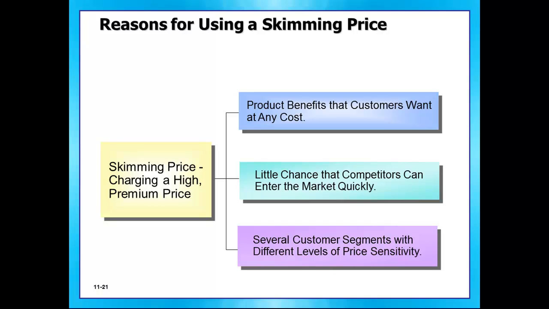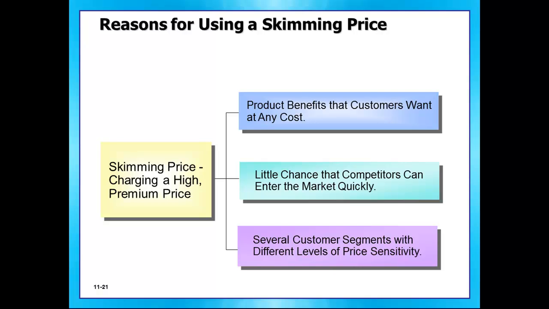In addition, a skimming price is used under monopoly conditions, where there's little chance that competitors can enter the market quickly. These conditions exist typically when there is patent protection in the market, again in the case of pharmaceuticals, or in the case that a company has a monopoly condition.